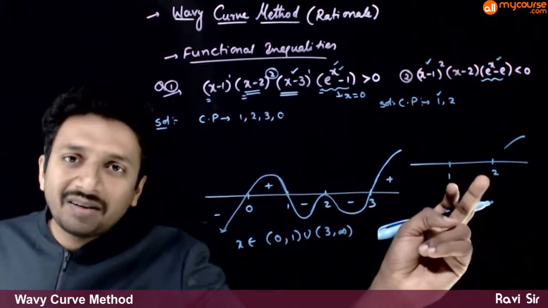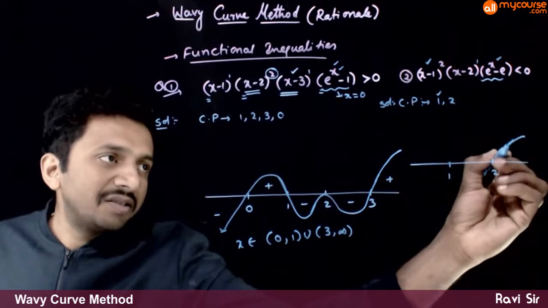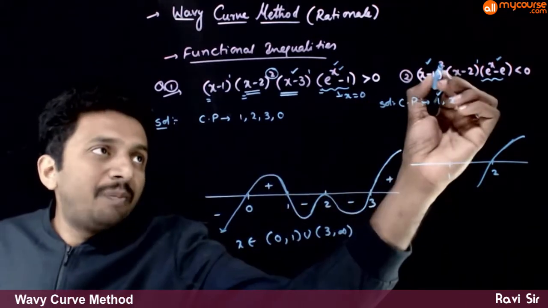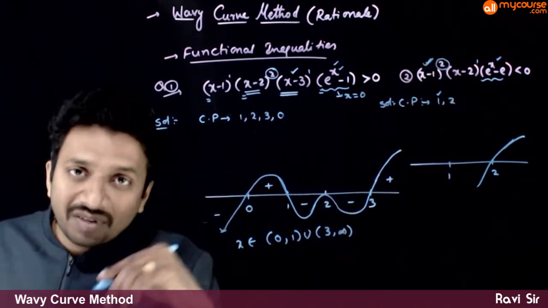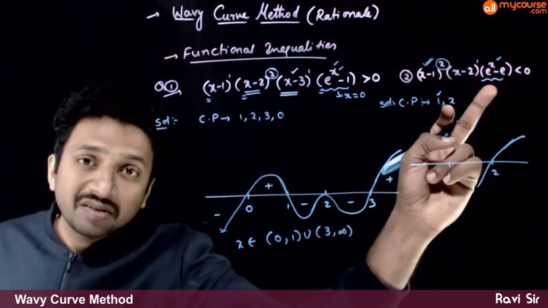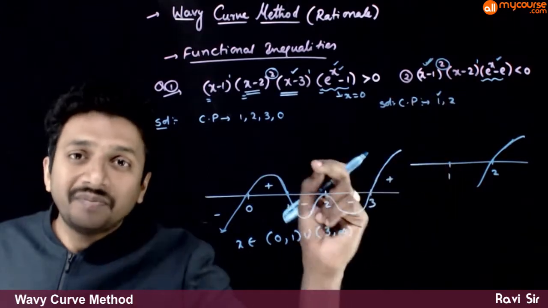What is happening around x is equal to 2? The power is odd, the sign is changing. Now what is happening at x is equal to 1? The power of this is even, so the sign does not change because of this. But 1 is also a critical point for this. So effectively, the power of the criticality of 1 is 3.